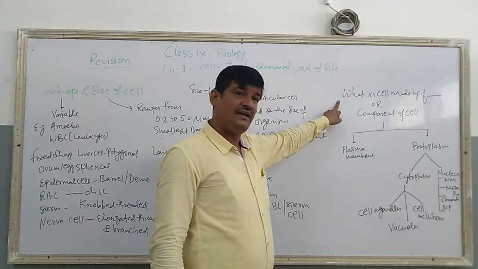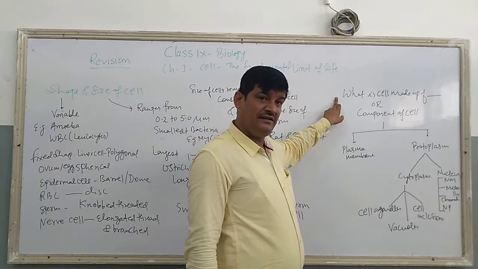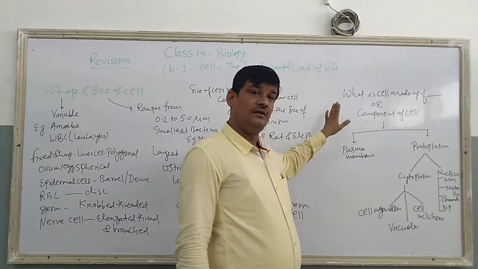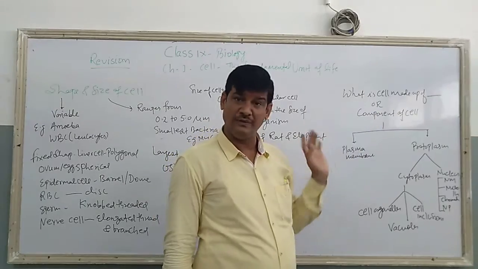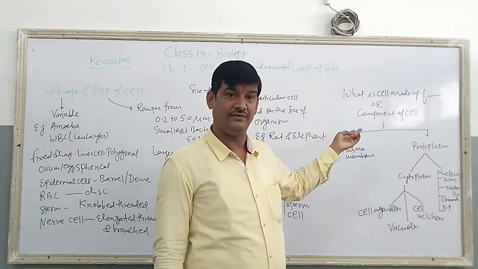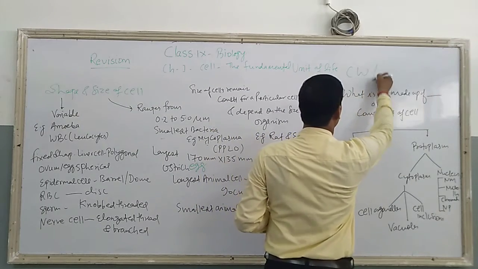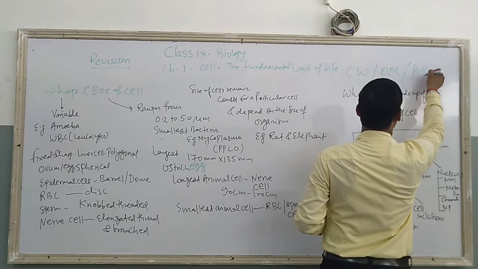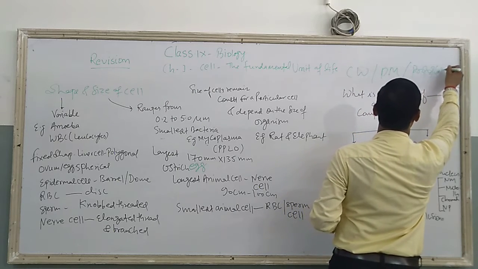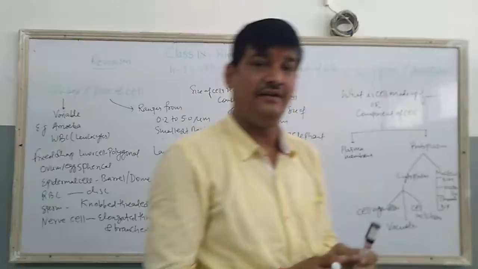So in the plant cell, due to the presence of the cell wall, the components are cell wall, plasma membrane and protoplasm. These three things will be there. These are the three components of plant cell.